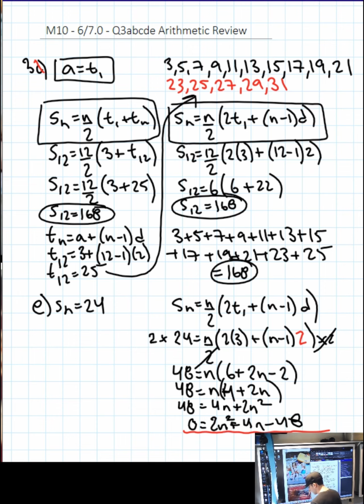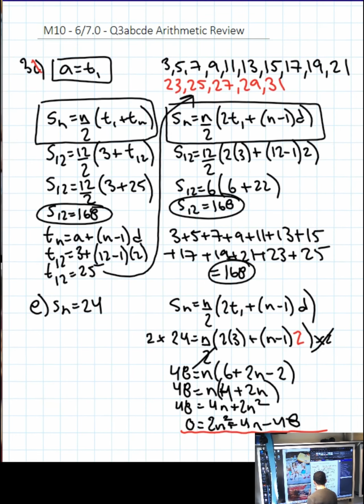Okay, I figured I'd solve it just for fun. So I'm going to bring that up in red up on the left there. So let's take 0 equals 2n squared plus 4n minus 48. Start by dividing the whole thing by 2. 0 equals n squared plus 2n minus 24.